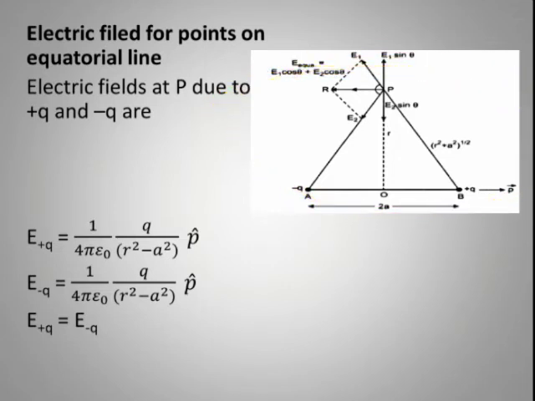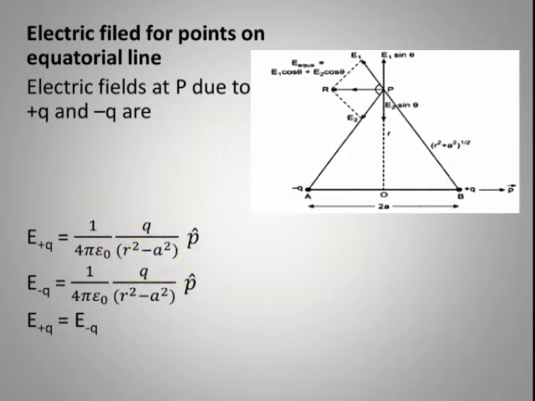Now if I consider the individual charges of the dipole, the positive charge is a charge which produces an electric field. So E is equal to, what is the exact formula of electric field? It is 1 divided by 4 pi epsilon naught, q divided by r square. Now what is the distance?